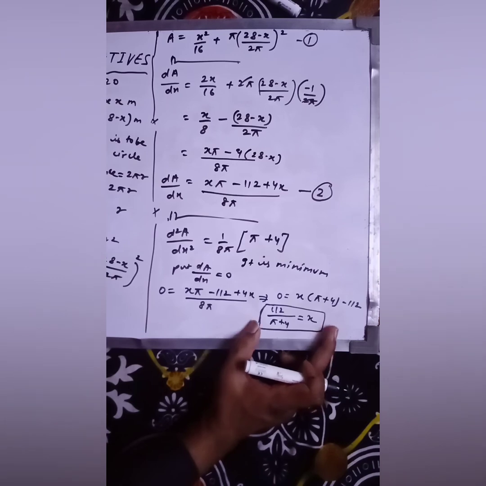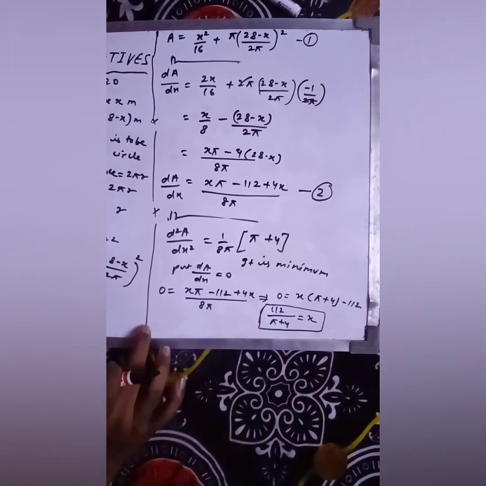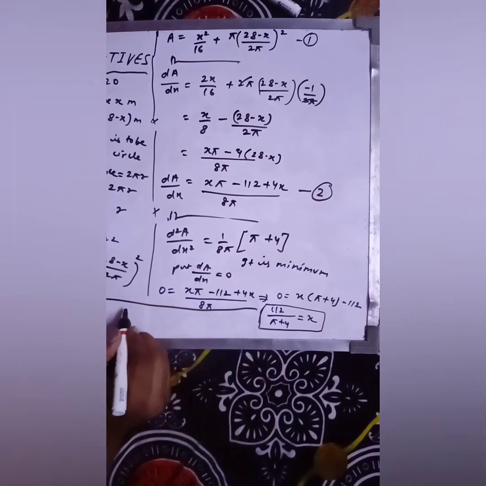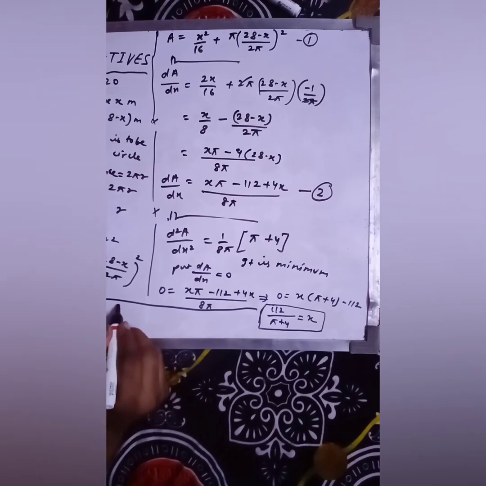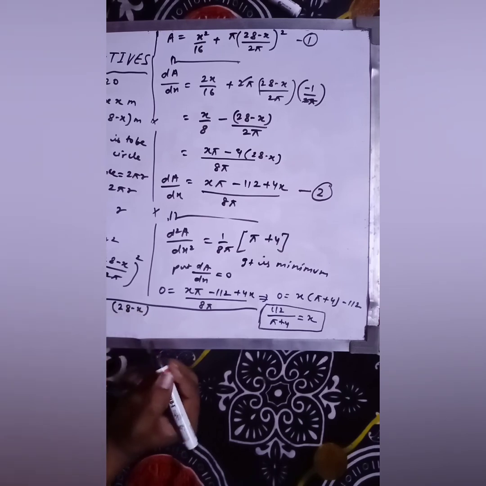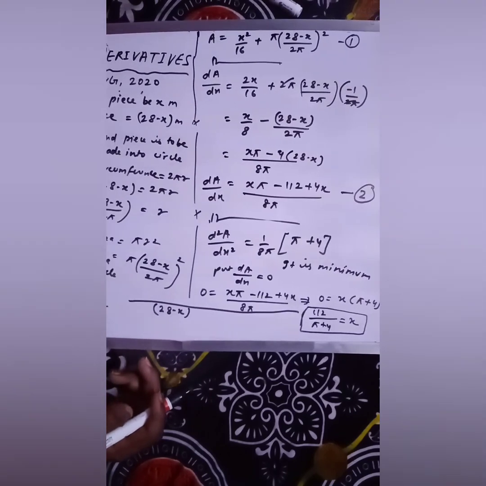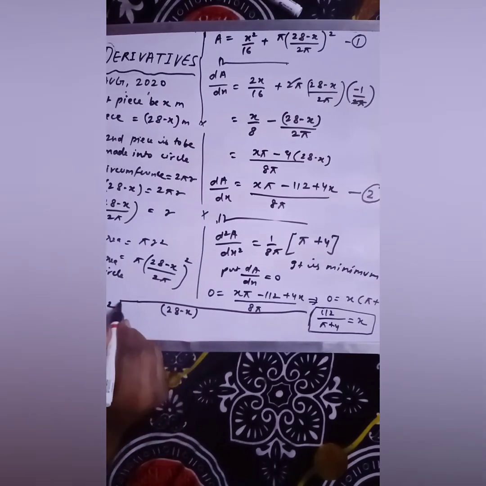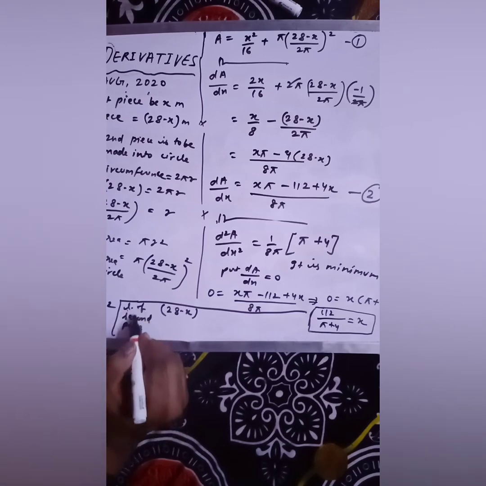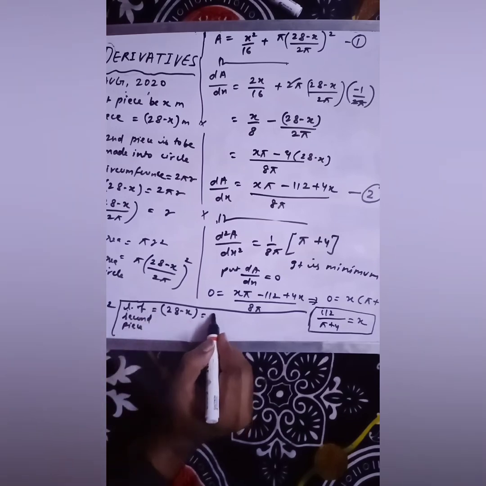If you want to find the length of the second piece, I'm solving this here, just wait. The length of the second piece was 28 minus x. Due to lack of space, I'm writing it in short. That is 28 minus x.